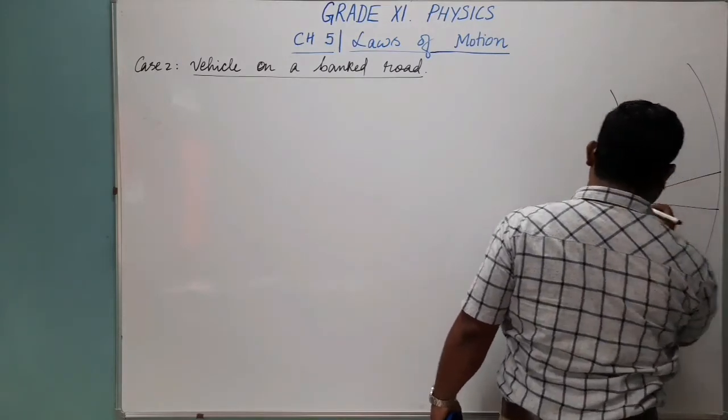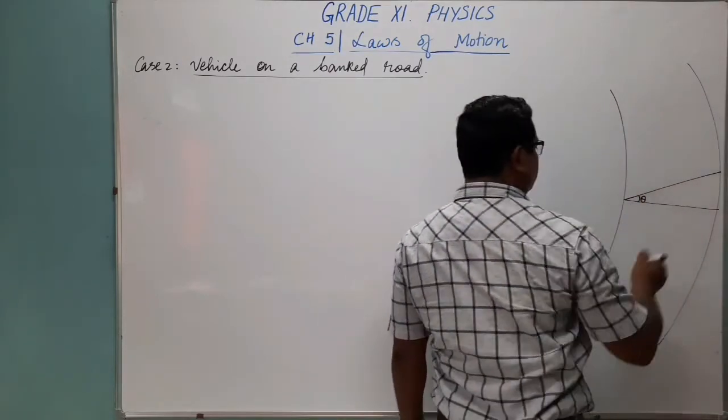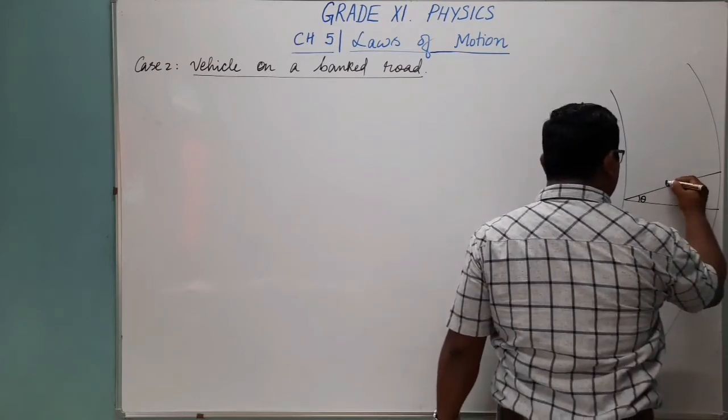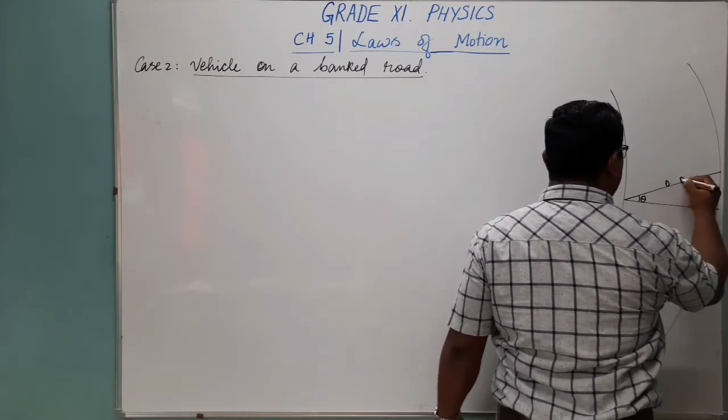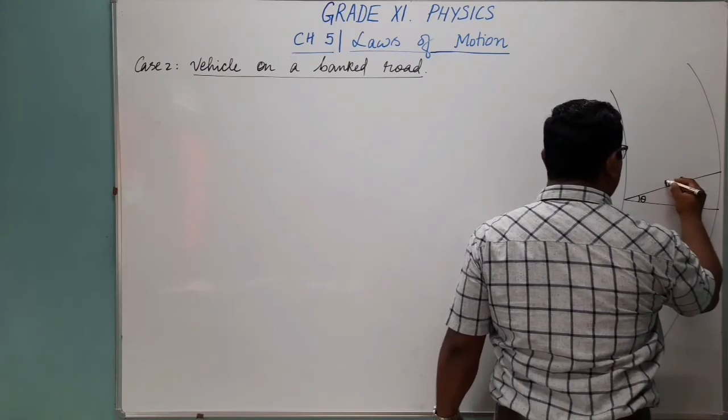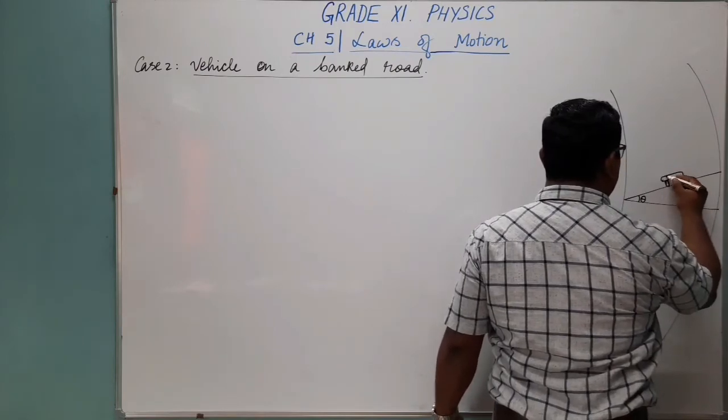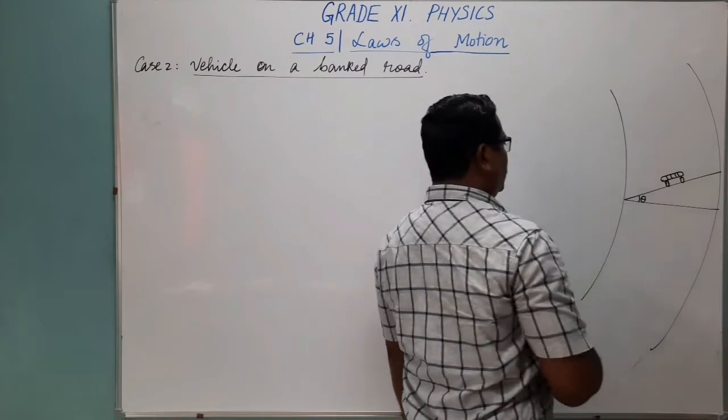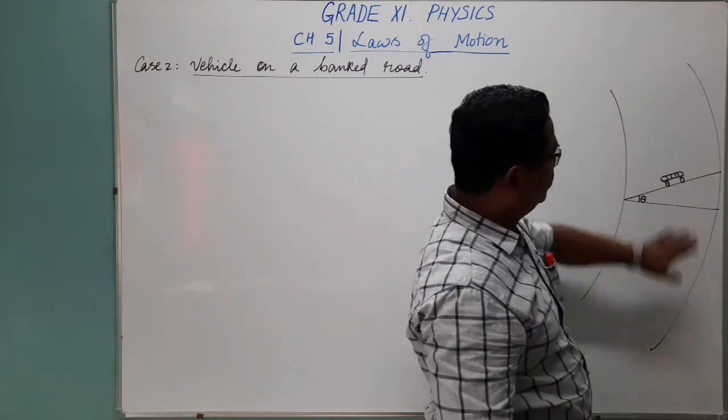This is your banking, the angle is here, theta. And the car is here, suppose. This is the front view of the car. The tire will look somewhat flat. It's moving on the banked road.